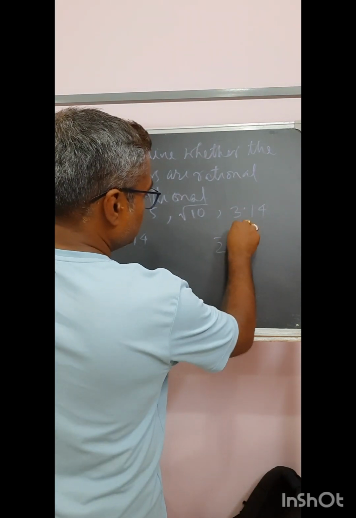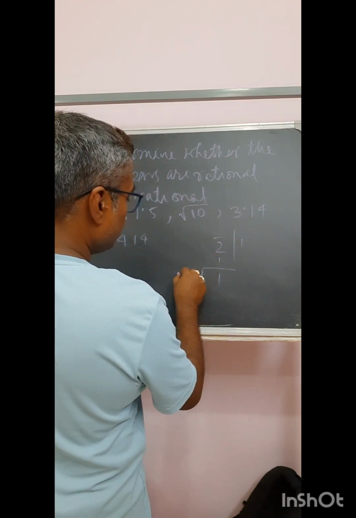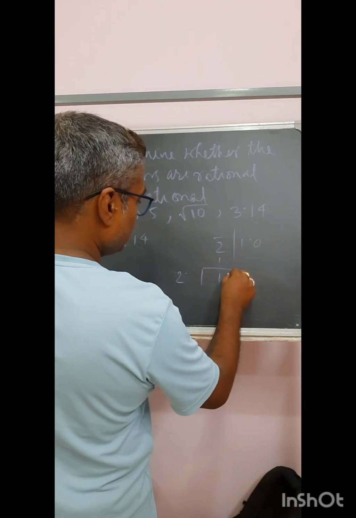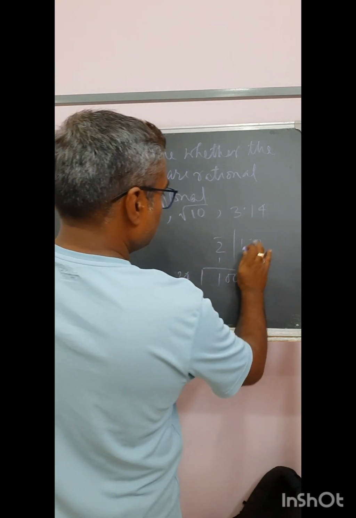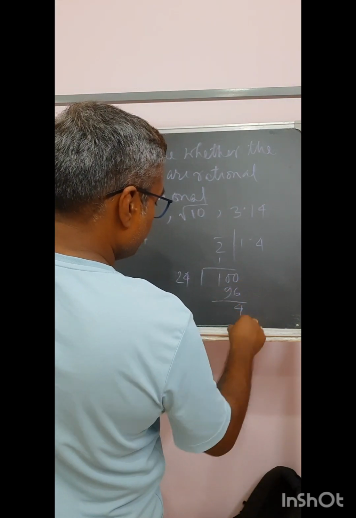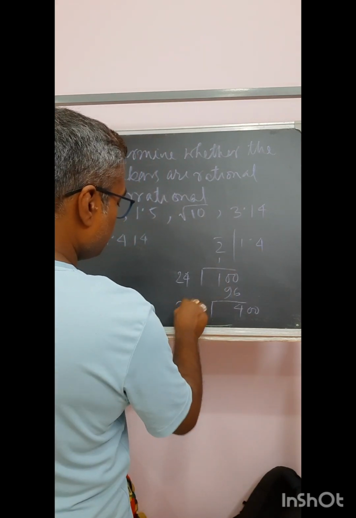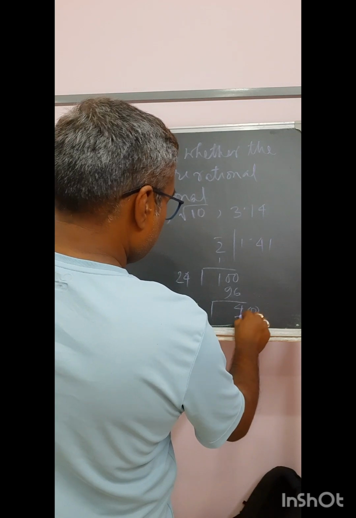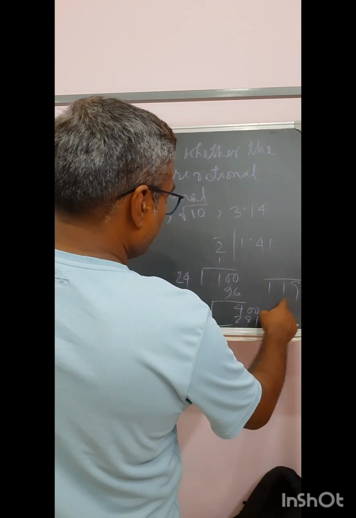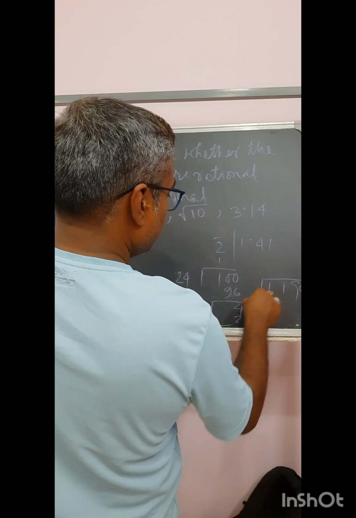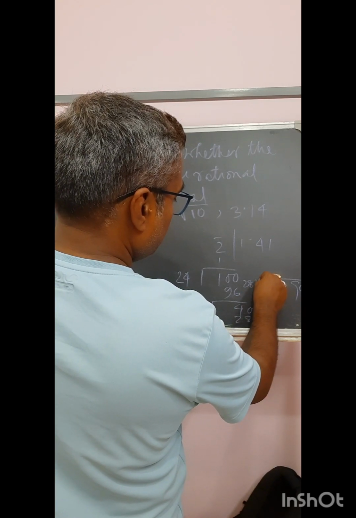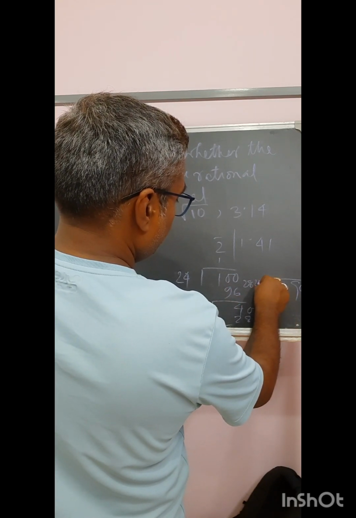Means if I do the square root, then 2, 4, 96, 4, 0, 0, 28, 1 to 81, then 9, 1, 1, then 0, 0. If I take 142, 82, then it will be 4 again.